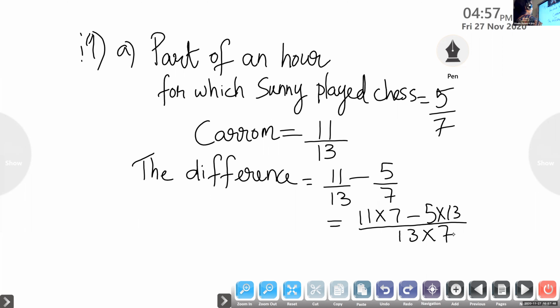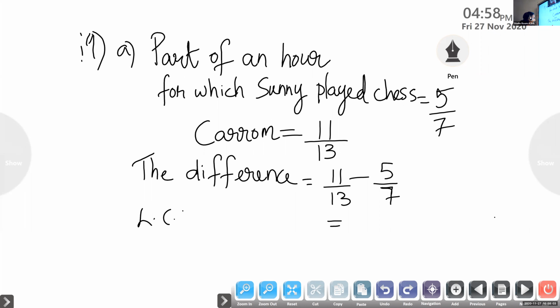Find out the LCM, all of you. If you have doubt, no need to write like this. LCM of 13 and 7. What is the LCM? Find out and tell me faster.